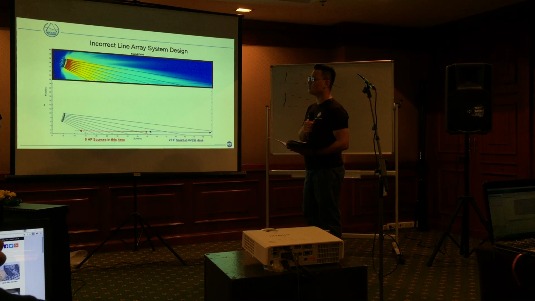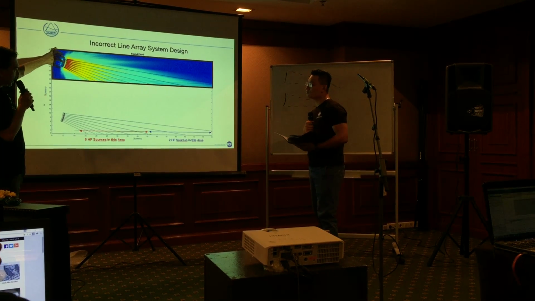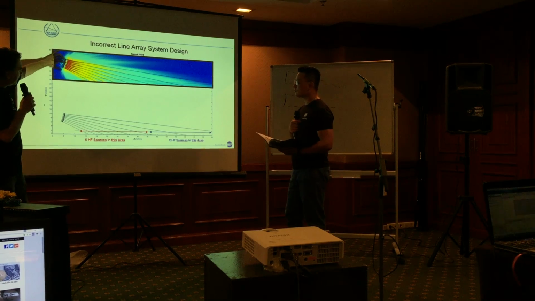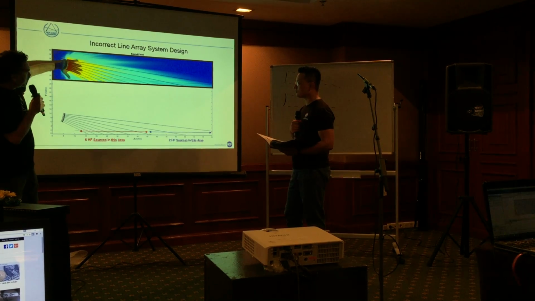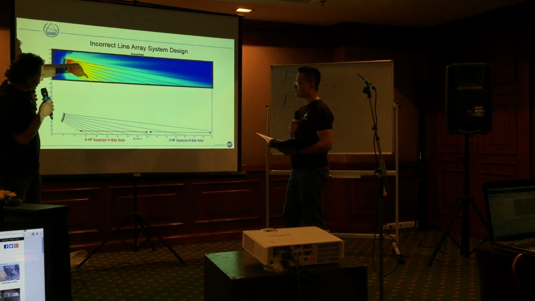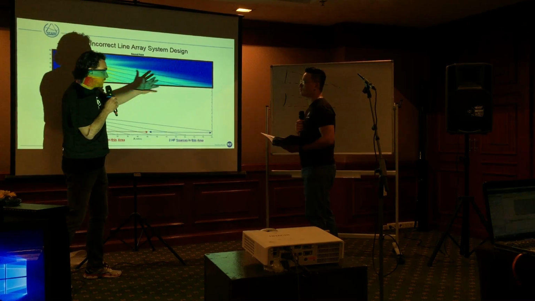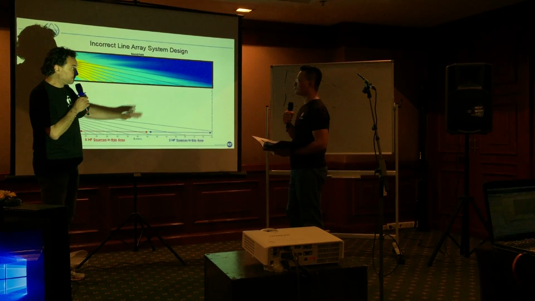In this design, you can see that the bottom part of the cluster is involved to cover the near field. So we have a lot of speakers working in this area, and few speakers working in the far field. So this is not a good design.